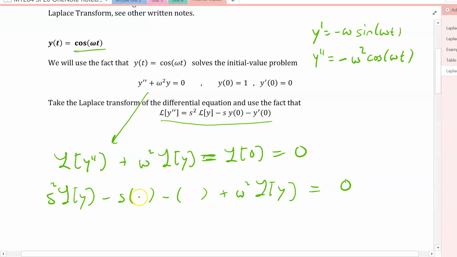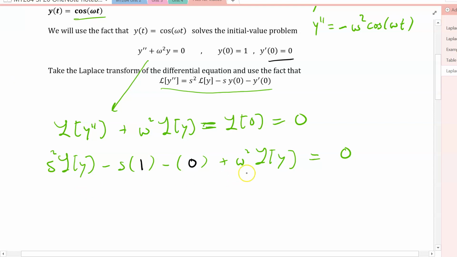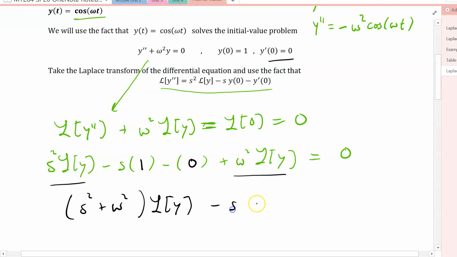Y of 0 is 1. Y prime of 0, from the fact above, is 0. Substituting those in and combining like terms on the left side, we can factor out the Laplace transform of y, and we are left with s squared plus omega squared times the Laplace transform of y, minus s, equals 0.